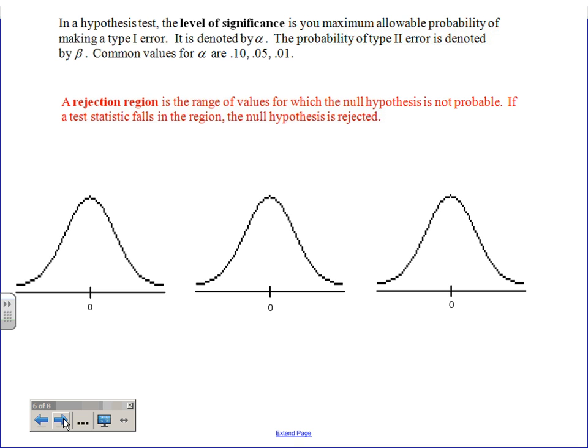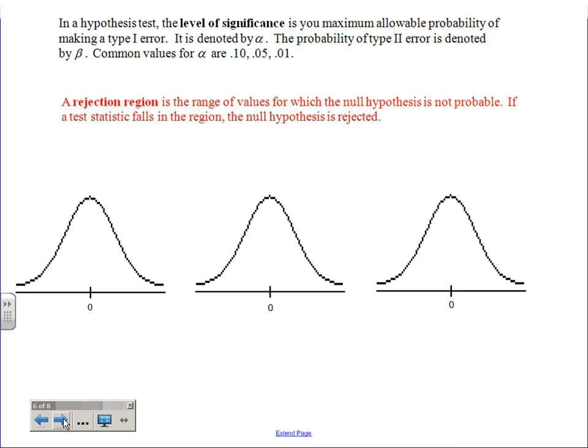The key here is that you're trying to minimize making a type 1 error, which is rejecting it when you weren't supposed to. Whoops. And so what we're going to find is a rejection region, because we know how to find probabilities. We've got that table. Go in there and find the region for which the null hypothesis is not probable. And if the test statistic falls in that region, we're going to say, you know what? Null hypothesis, you are rejected.